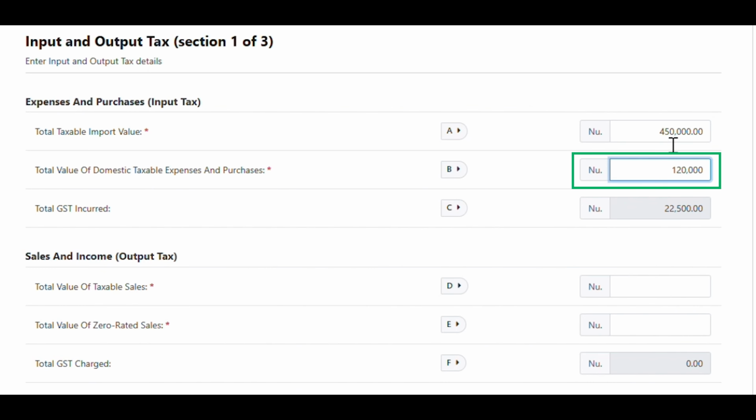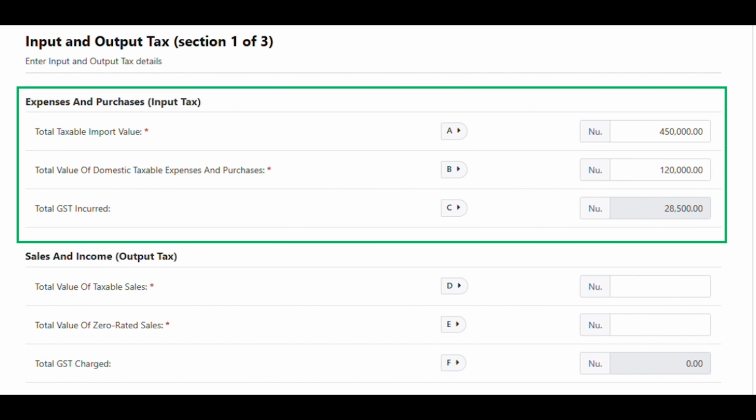BITS calculates input tax equals Nultrum 120,000 times GST 5% equals Nultrum 6,000. Note: domestic purchases of exempt items like sanitary napkins, if any, do not appear here. Only taxable purchases.